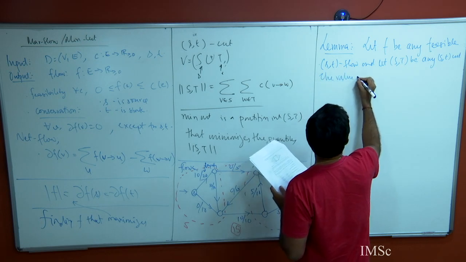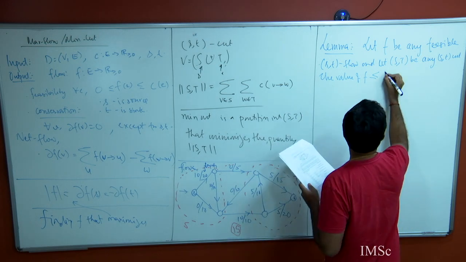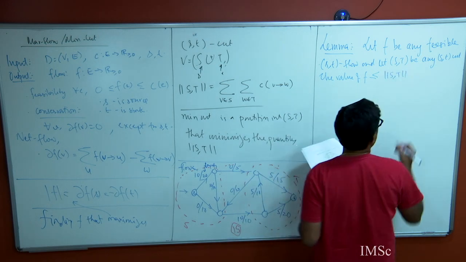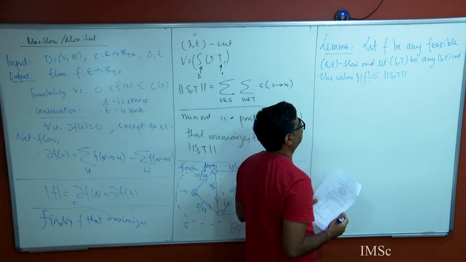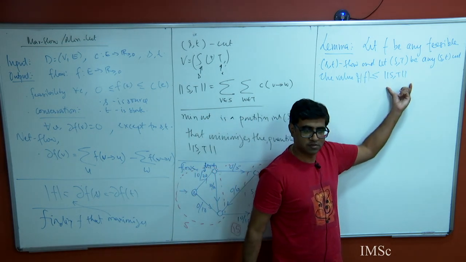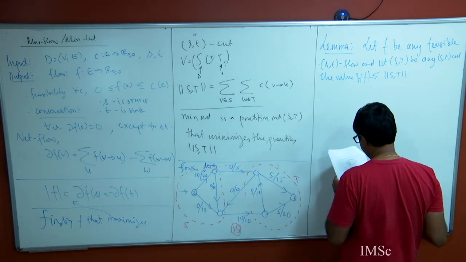The value of F is at most this. Look at the flow, the value is at most this. That's the first thing. And what is the second thing?